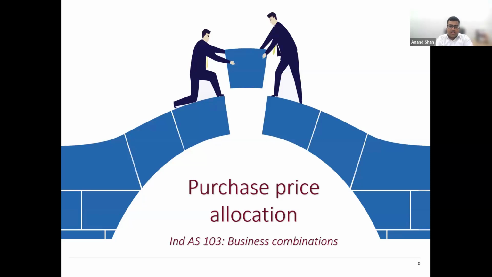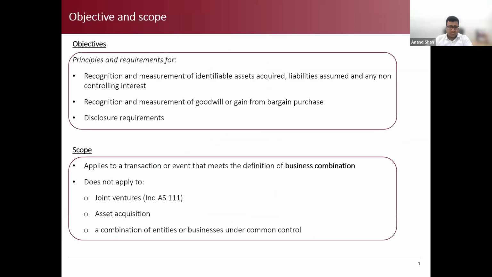Now, the purchase price allocation exercise is governed by Ind AS 103, which talks about business combinations. Through this presentation, we'll discuss certain concepts and requirements under this standard, and obviously, we'll keep discussing your inputs as well.